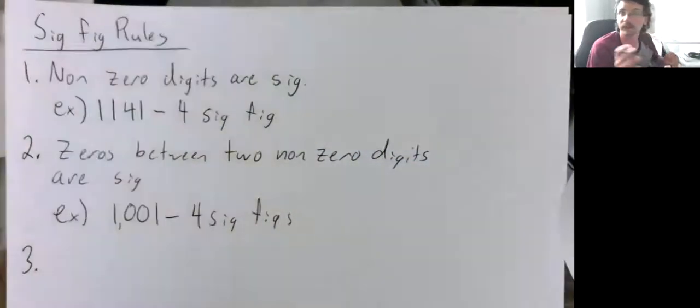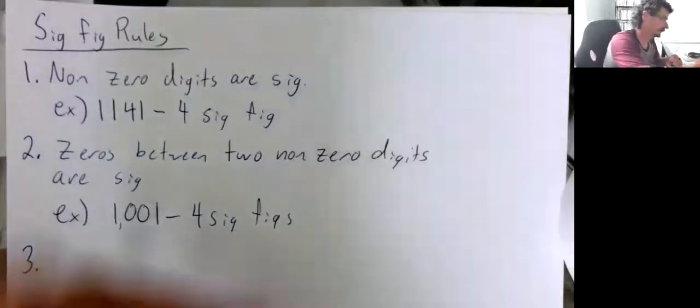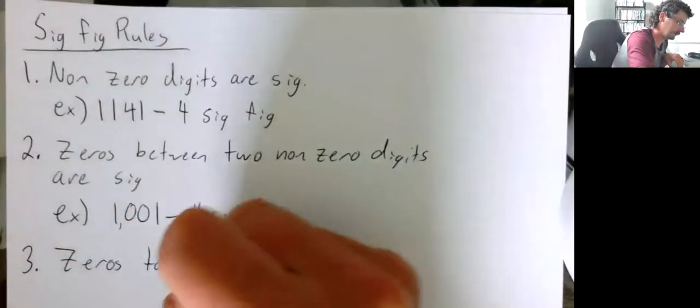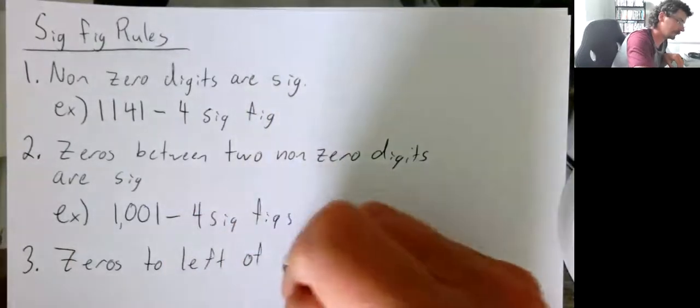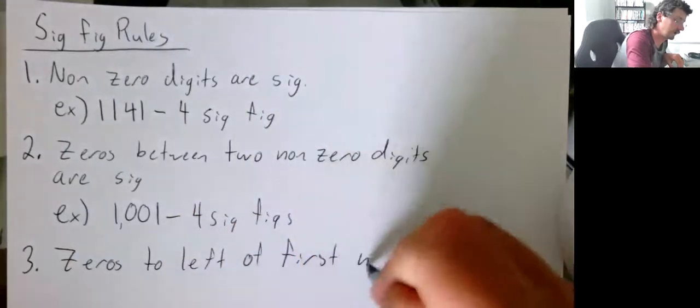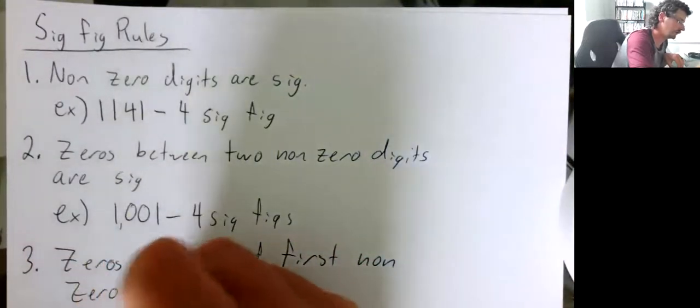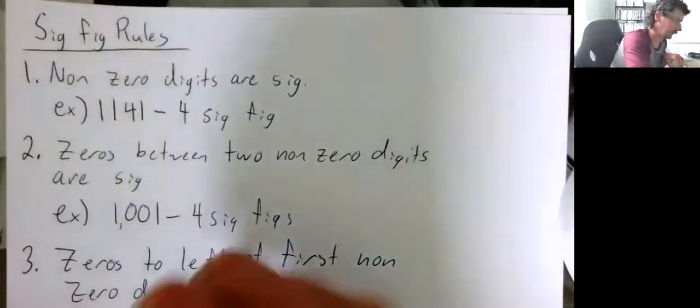Rule 3 has to deal with zeros to the left of the first non-zero digit. So zeros to the left of the first non-zero digit are not significant.